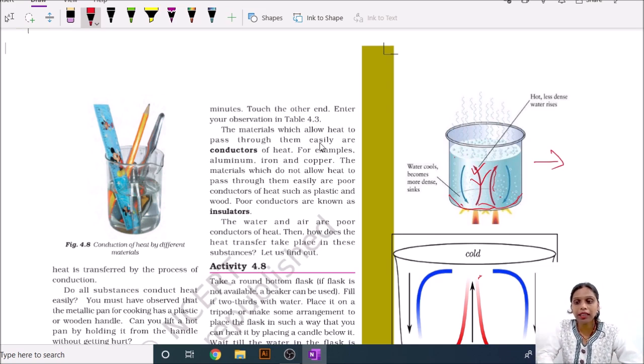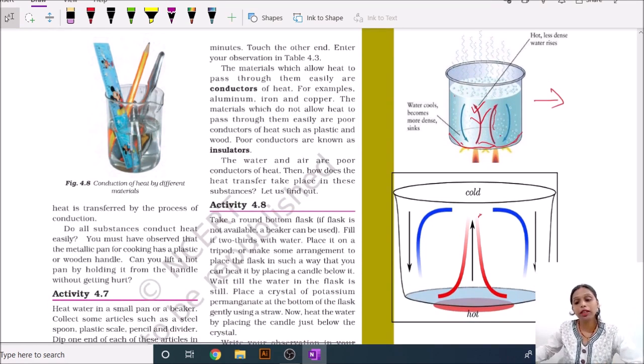You can see in another example, the water at the bottom would become hot.